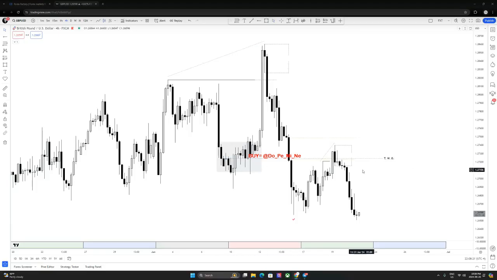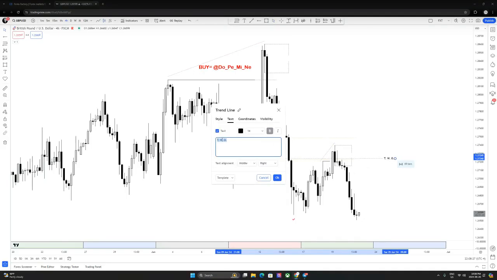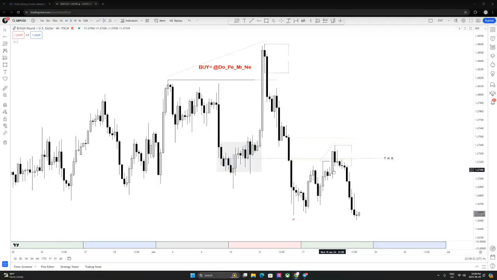also trading above the true week open while it was, this is a true month open, also trading above the true month open and the true week open, which is around here, right? So this is a true week open around here within this 4-hour candle, and the true day open is around here.